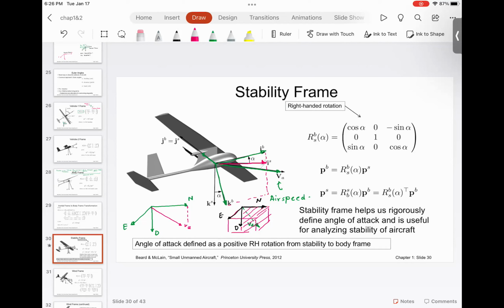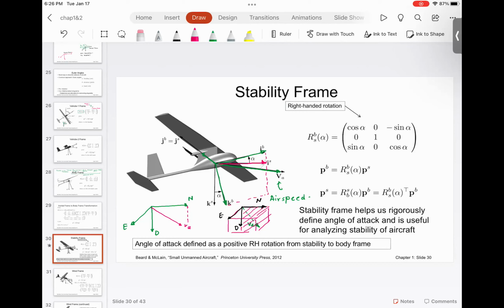Now the issue is the angle of attack, because of the sign convention, is always taken in the left-hand coordinate system. That's why if you look at the rotation matrix corresponding to the angle of attack, basically you substitute minus alpha. The rotation matrix that you get is cosine alpha, minus sine alpha, and cosine alpha.